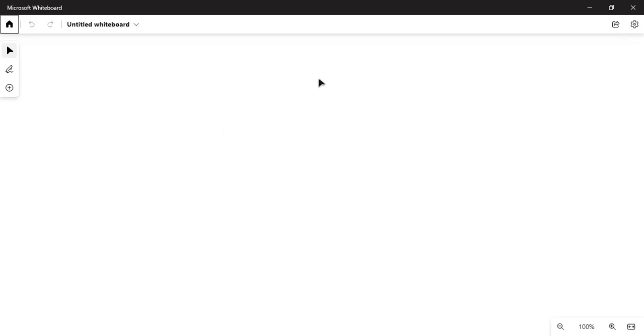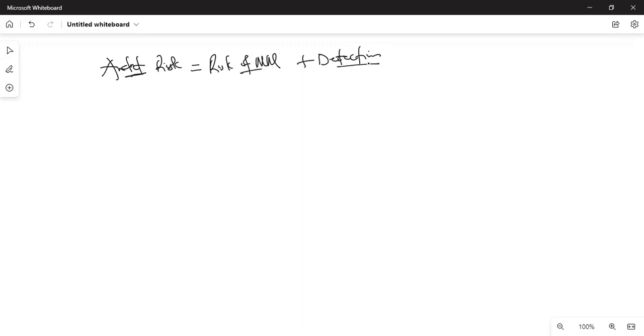So let's start. I just explained to you that when you are asked about audit risk that you can spot in a case, audit risk is equal to what? Risk of material misstatement plus detection risk. If you are asked this question, then it means that you are going to talk about this part and this part.